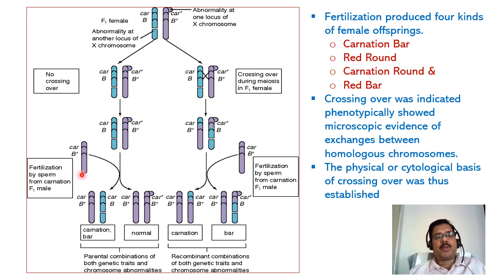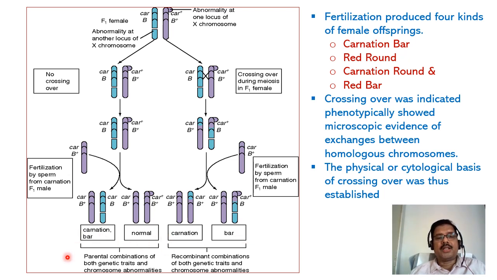This is the gamete produced by the male fly, that is the sperm. This is another sperm. Fertilization is by sperm from the carnation male. At the end, four kinds of offspring are produced: carnation bar, red round, carnation round, and red bar.